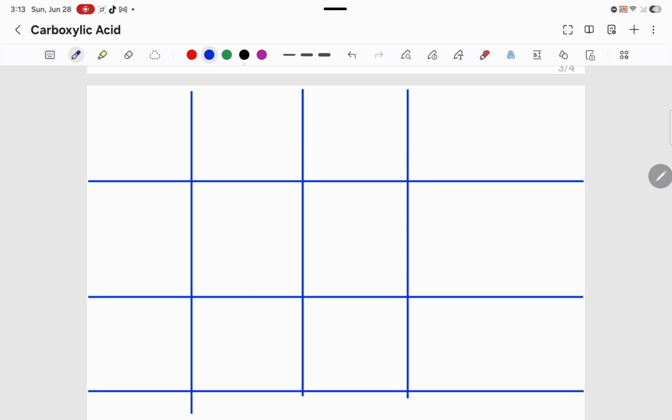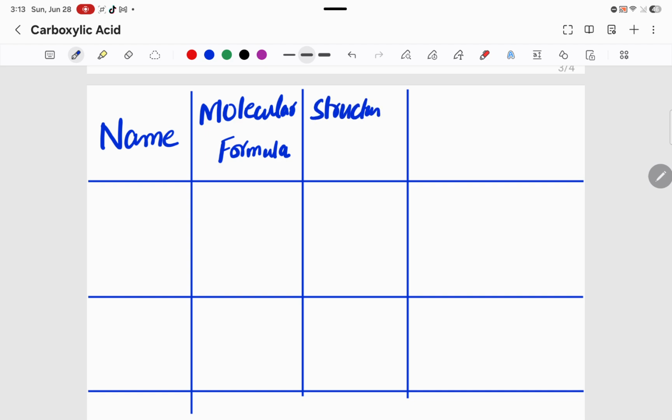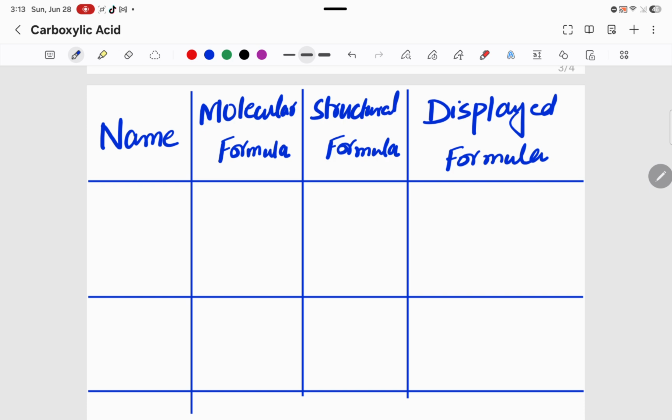So let's start. In the first column, I will write name, then molecular formula, then structural formula, and lastly displayed formula. Okay, so how to write down the name?